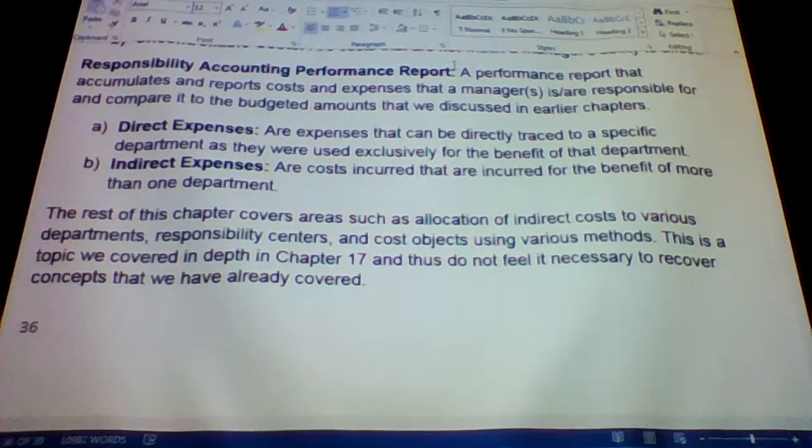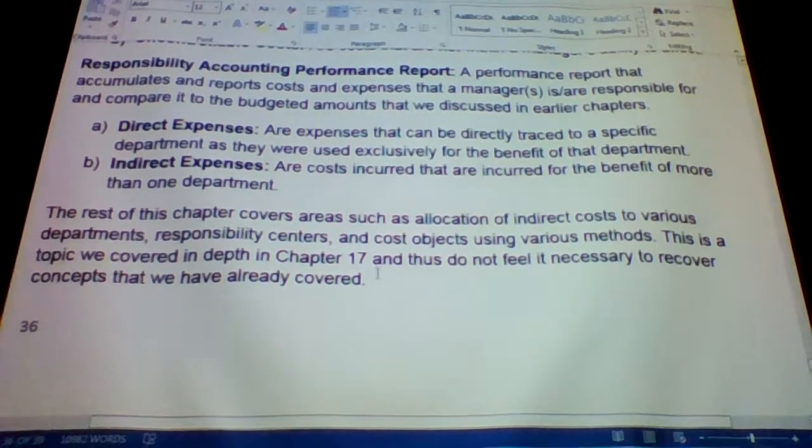The rest of this chapter covers areas such as allocation of indirect costs to various departments, responsibility centers, and cost objects using various methods. This is a topic we covered in depth in chapter 17, and thus I do not feel it's necessary to recover these concepts.